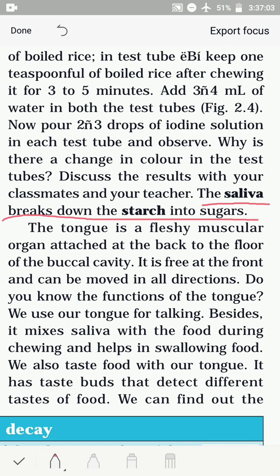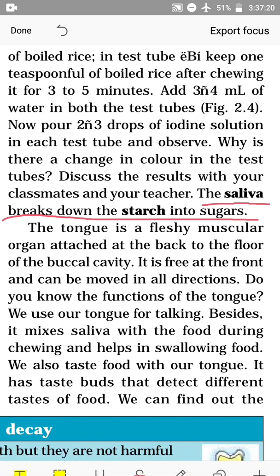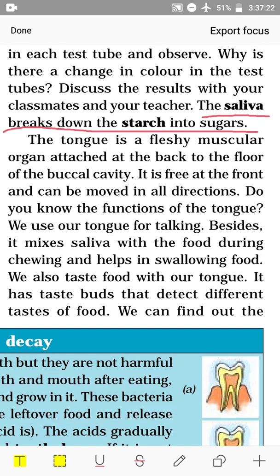The tongue is a fleshy muscular organ attached at the back to the floor of the buccal cavity. It is free at the front and can be moved in all directions. Do you know the functions of the tongue? We use our tongue for talking. So it helps in talking, right?